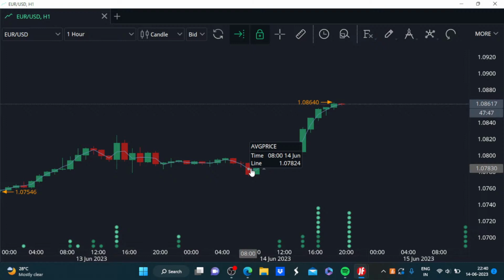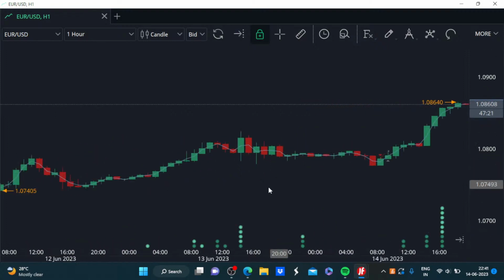So it makes it easier for us to figure out and spot these changes in the price series in a very prompt manner. As I said earlier, there is not much lag in case of this indicator, and that is the advantage, that is the beauty of this indicator, and we should try to take advantage of this factor.